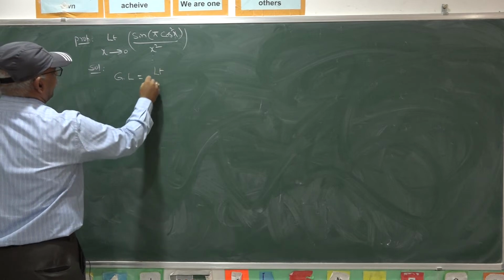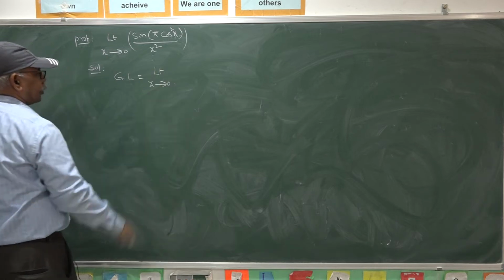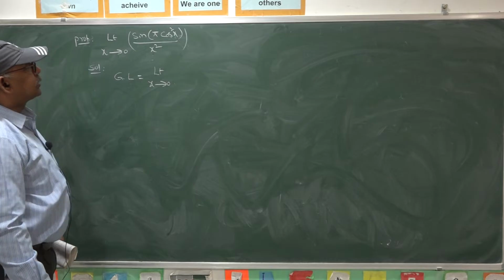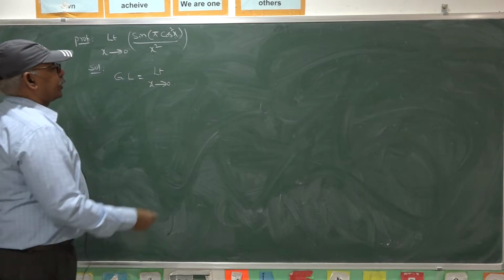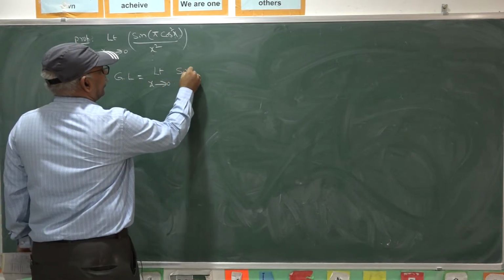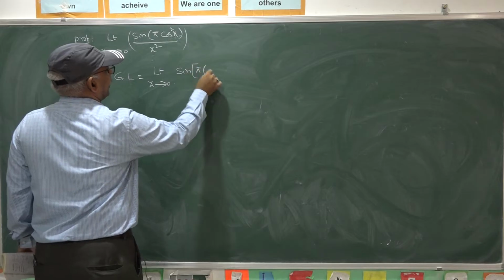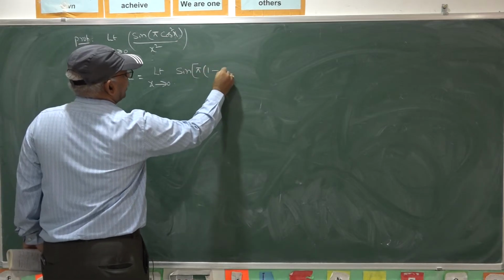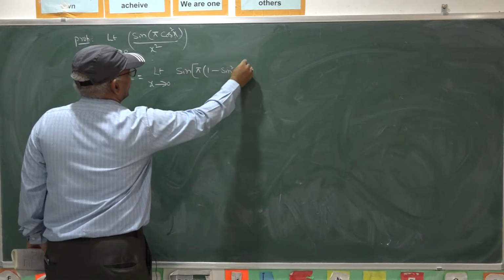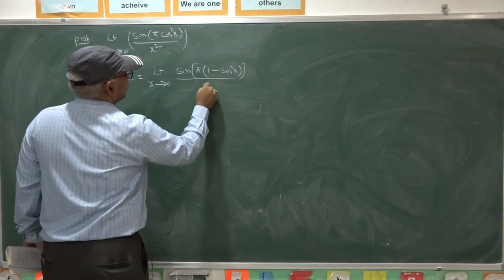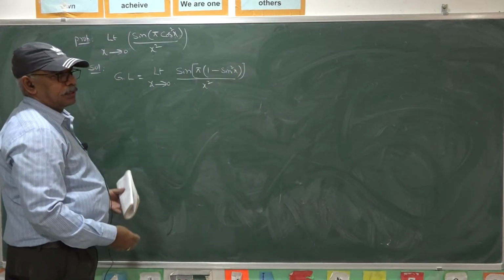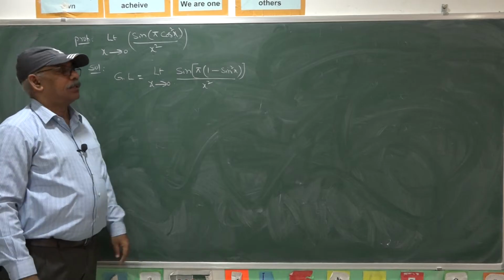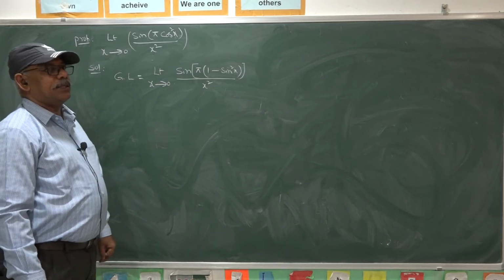The given limit may be written as limit as x goes to 0, sine of pi into cos square x, that is, cos square may be written as 1 minus sine square x, by x square.